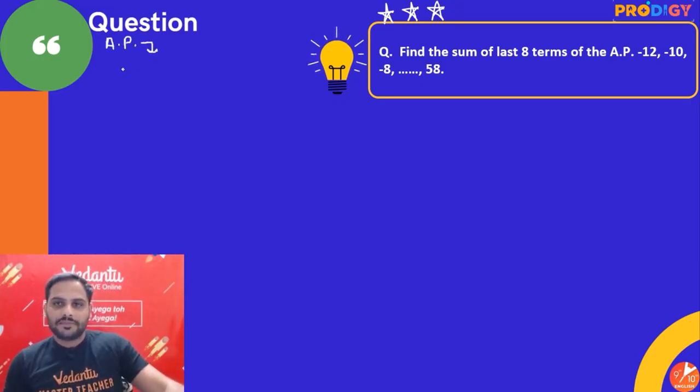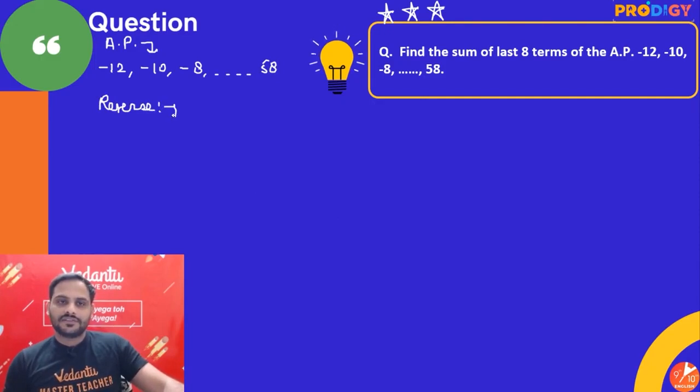The original AP we have is minus 12, minus 10, minus 8, and this way it is going up to 58. If I reverse this AP, it will look like 58, and so on down to minus 8, minus 10, minus 12.